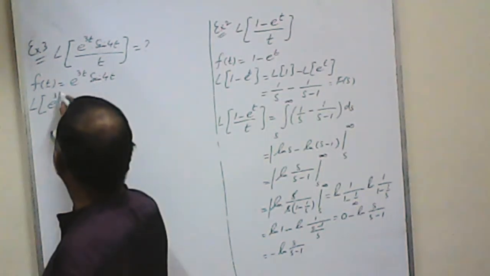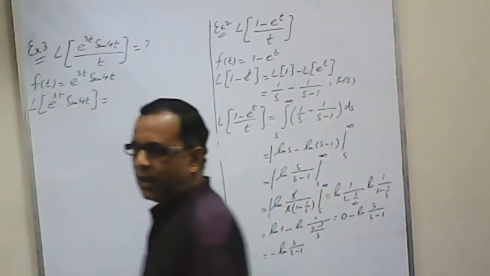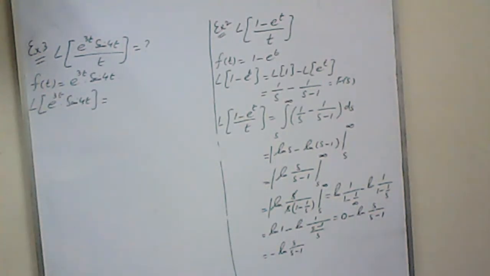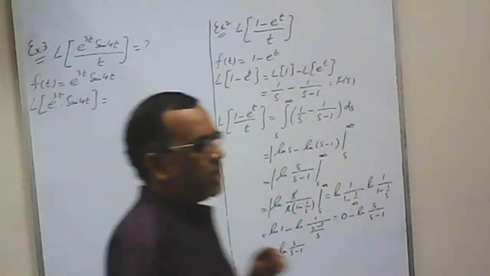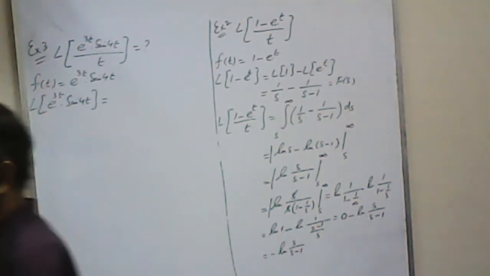So Laplace of e power 3t into sine 4t will be, again we have the direct formula, and which is the formula? Formula says a upon s minus a square plus b square.